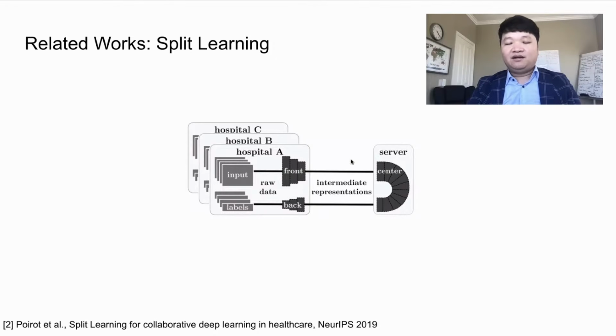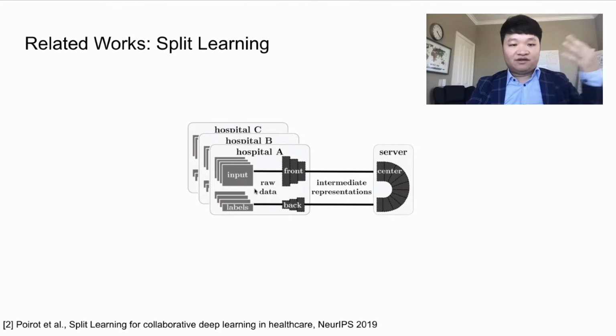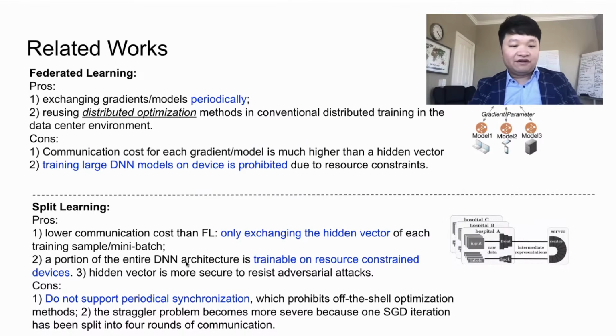This largely reduces the communication cost, because we only need to exchange the hidden vectors rather than a huge model for synchronization. The client side is also very efficient because we only need to hold a small fraction of the model architecture.